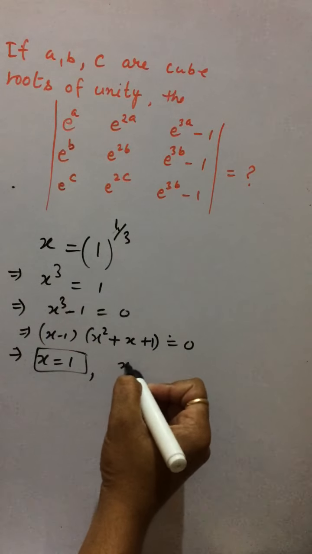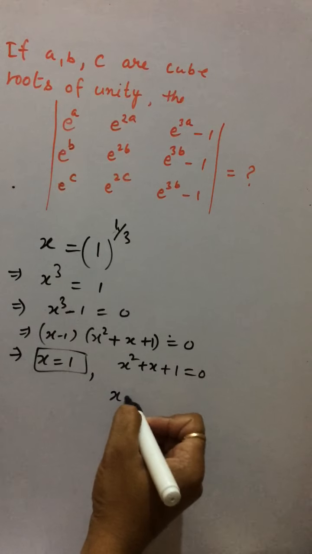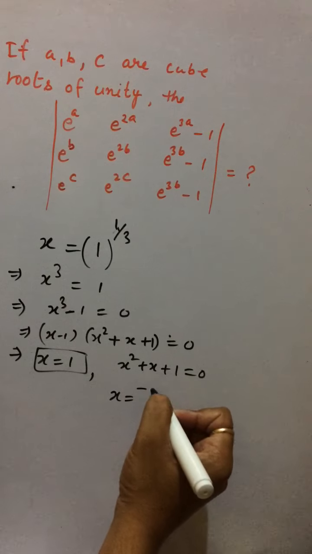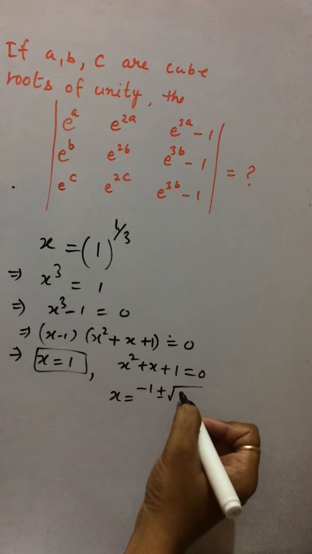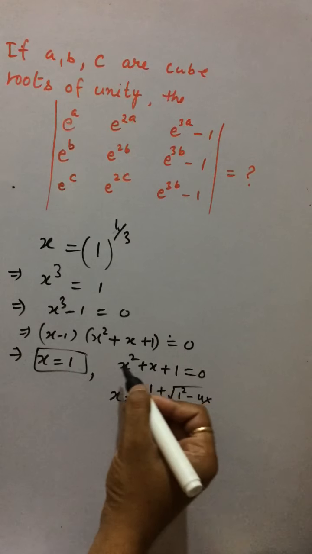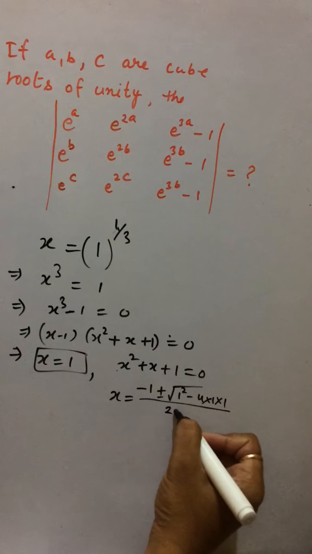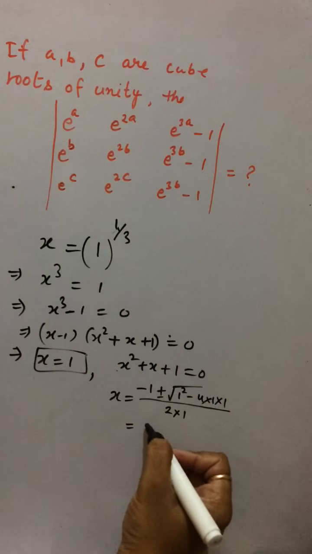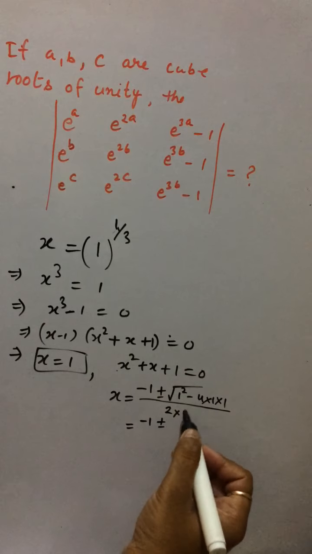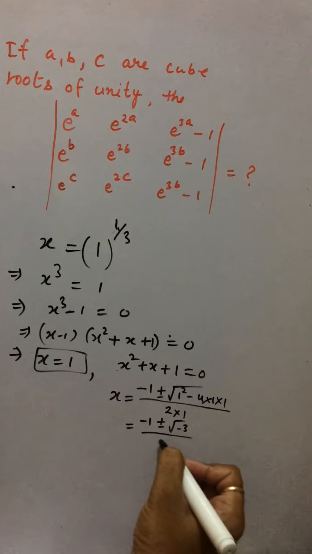And when you factorize this x square plus x plus 1, then by using the discriminant method, x equals minus b plus minus root D upon 2a, where D is b square minus 4ac. Here a is 1, b is 1, c is 1. So you'd get minus 1 plus minus under root minus 3, upon 2.